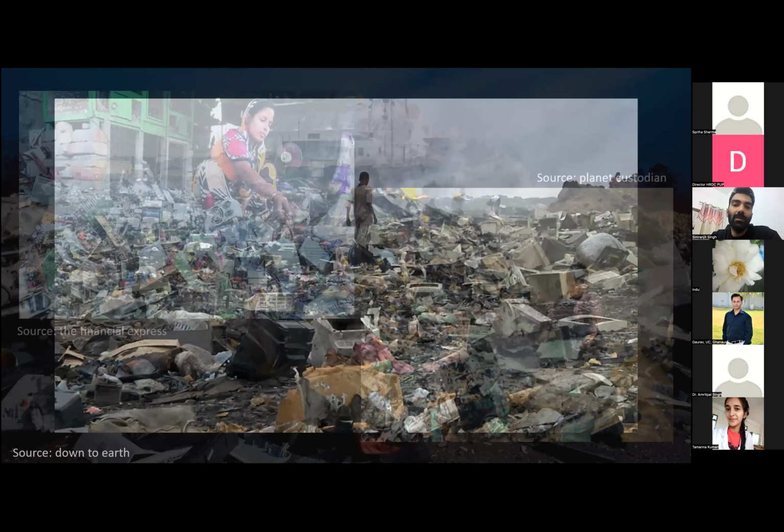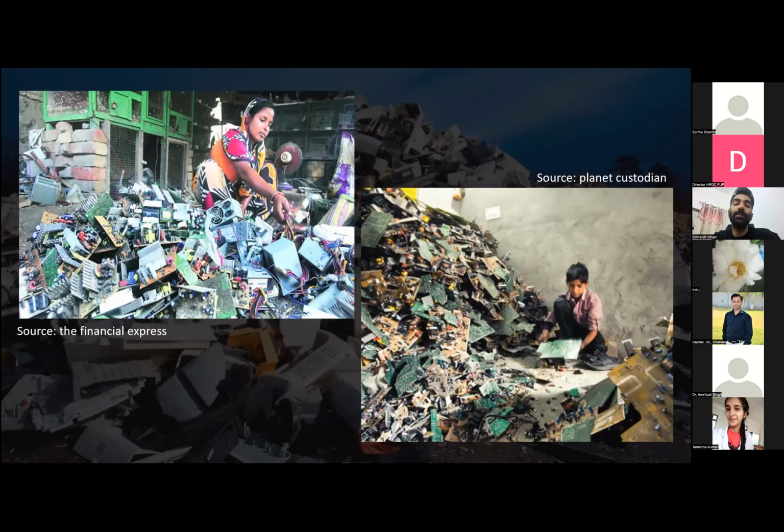And now these were the pictures from Africa and China, and I also want to show you the pictures from India. As you can see, a woman, trying to earn her bread, maybe around 150 to 200 rupees per day, trying to sort out the e-waste, possibly take it apart.